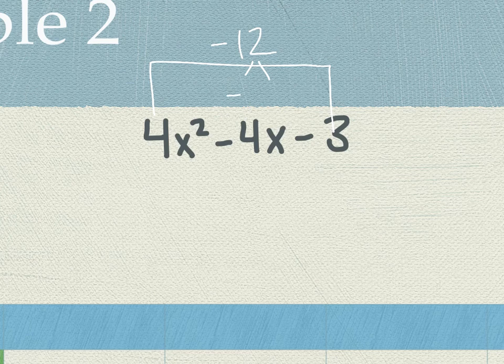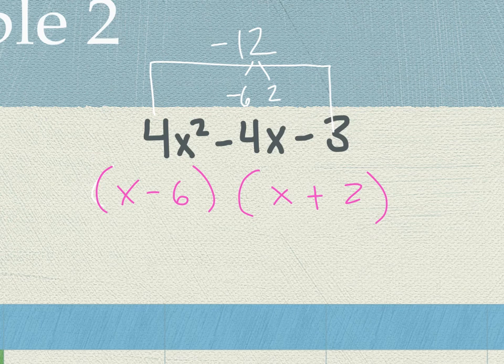Negative 6 and 2. Perfect. They multiply to negative 12, add to negative 4. Awesome. So we put those into our parentheses.